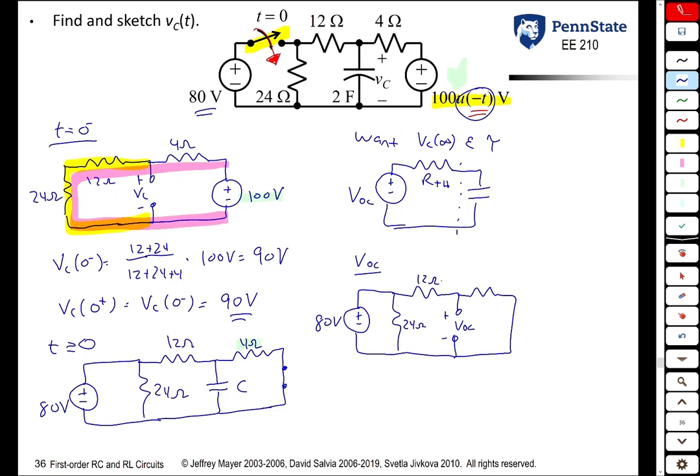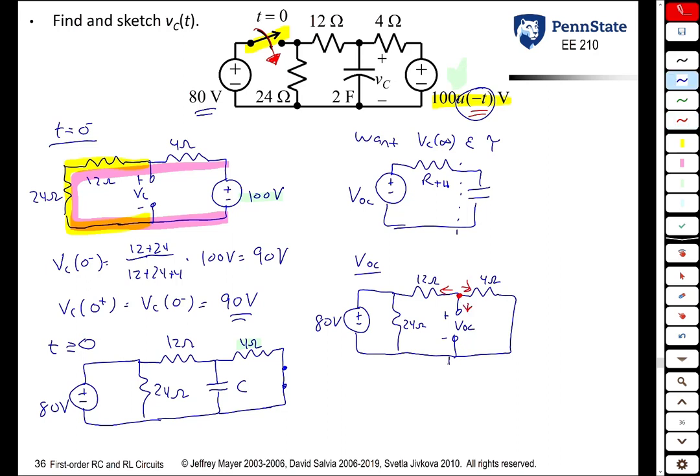24, 12, and 4 ohms. If we did KCL at that node, sum of that current plus that current plus that current is equal to 0.